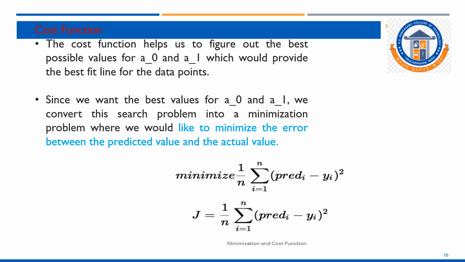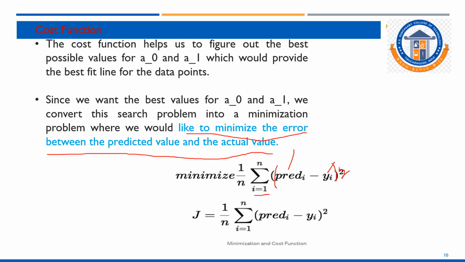As I said, linear regression relies on minimizing the error between the predicted value and the actual value. Upon several trials, the difference between the predicted value and the output value is calculated by the least square mean.